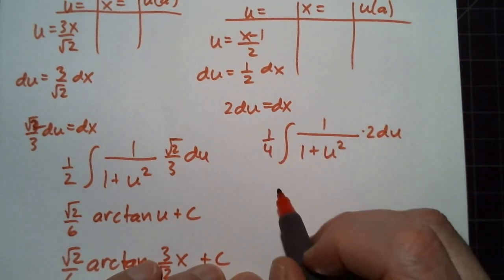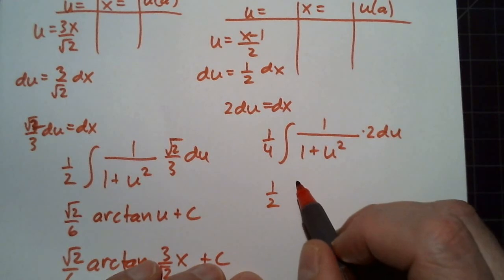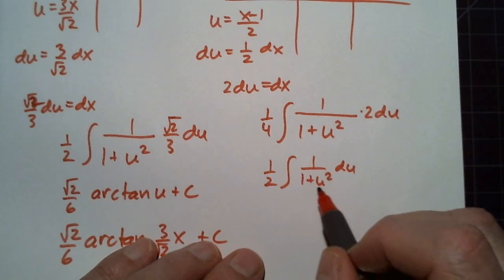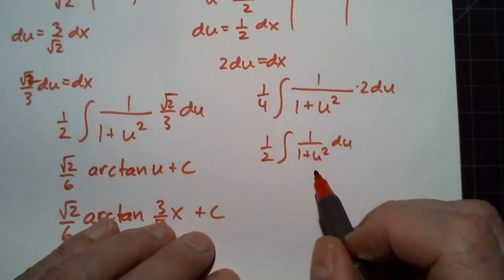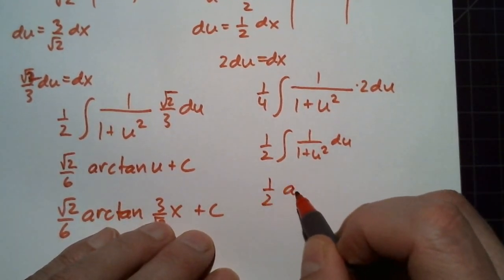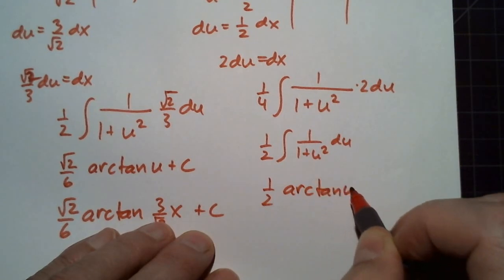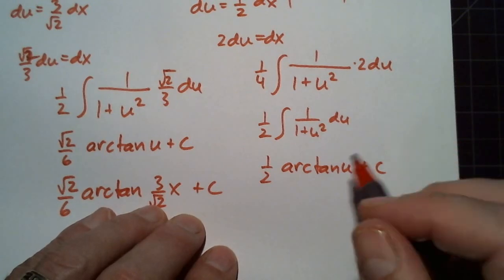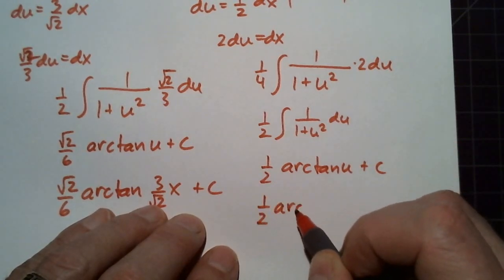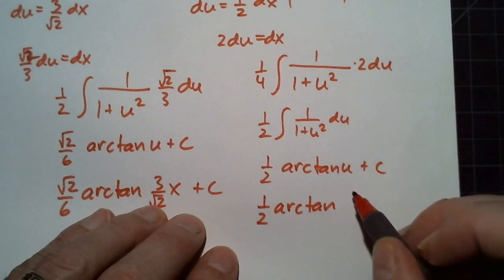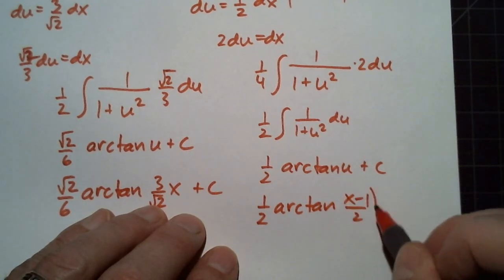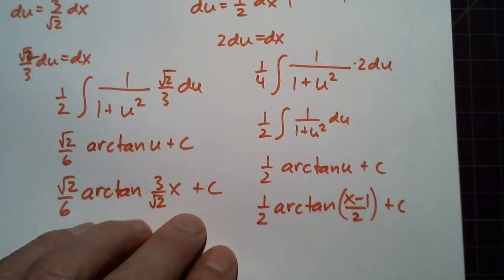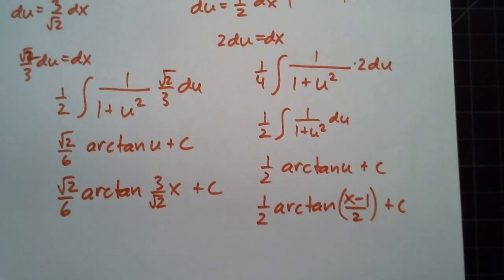That's 2 over 4, so we have a 1/2. 1 over 1 plus u squared. This is arctangent of u, 1/2 arctangent u plus c, and u is x minus 1 over 2, and we'll stop there.